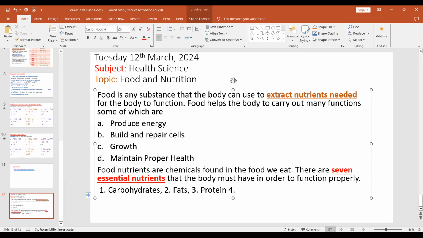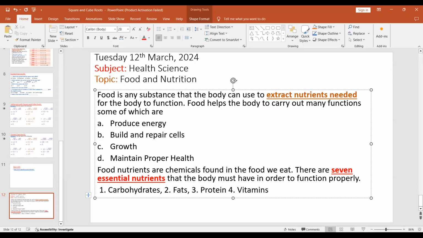All right, next one, number 4, is vitamins. Okay, vitamins. Where can we get vitamins from? The sun. Cucumbers. Yeah. We get vitamins from carrots. What vitamin do we get from carrots?